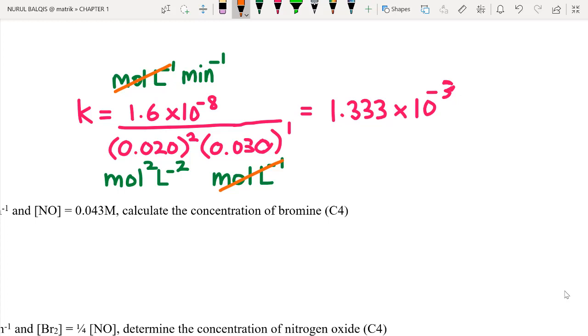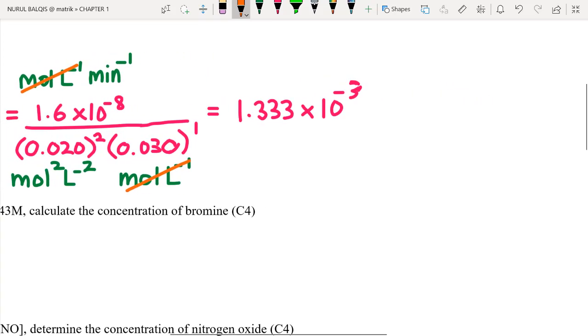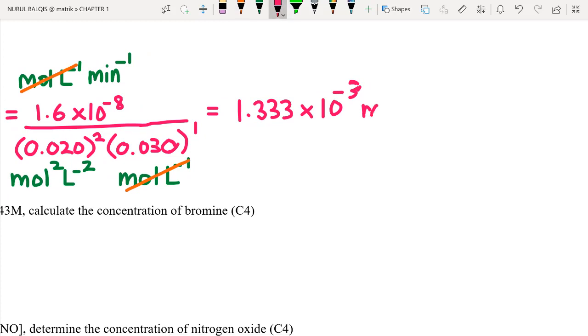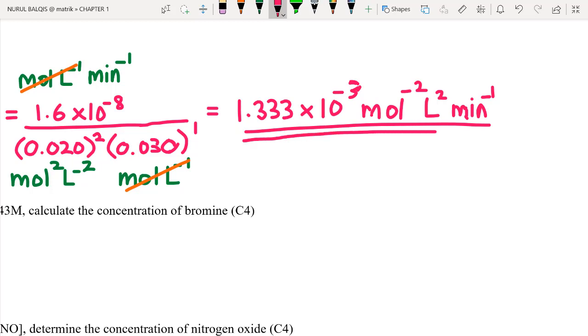We're going to take it to the denominator, so it will become mole^-2 liter^2, and then per minute remains unchanged. So this is going to be our final unit for this reaction, since it has an overall order of 3.